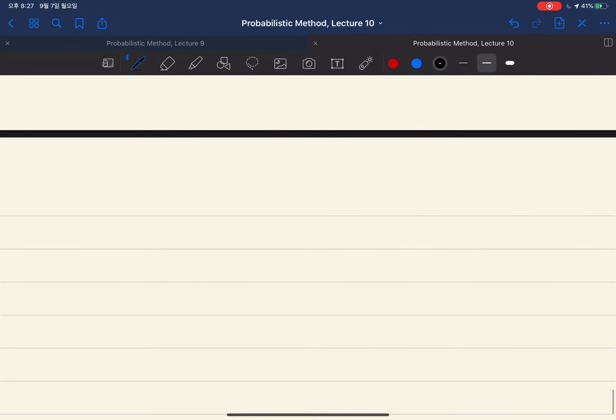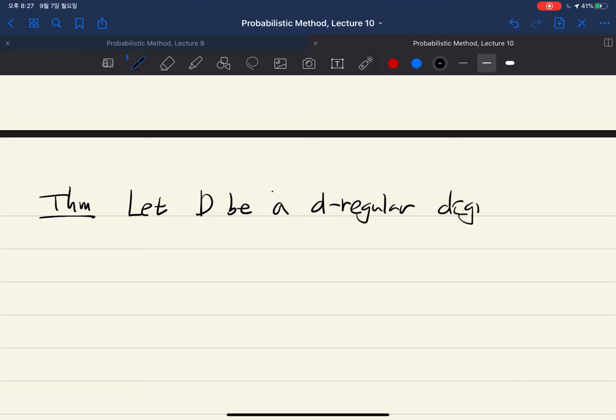Using that, we can prove the following theorem, which says that the linear arboricity conjecture is true if the graph has large girth. Recall that girth is the size of the shortest cycle.